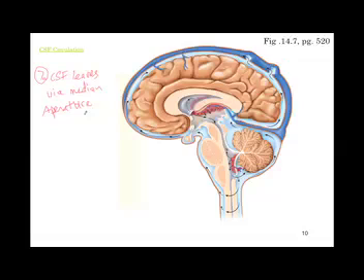So this one's kind of right in the middle, kind of inferior to the cerebellum there. It leaves via the median aperture into the subarachnoid space. That's 7A.